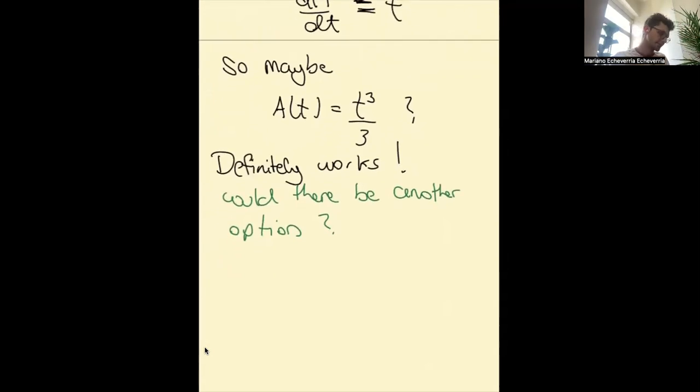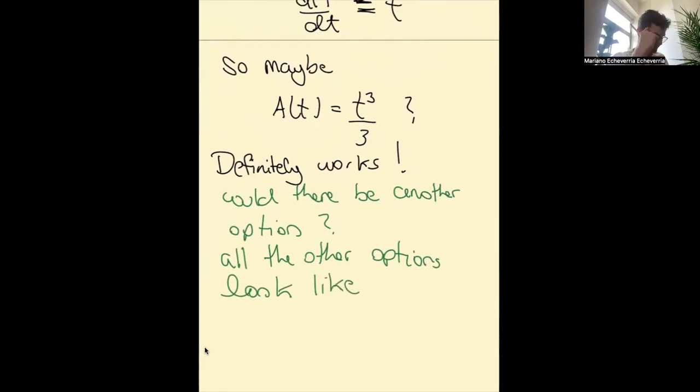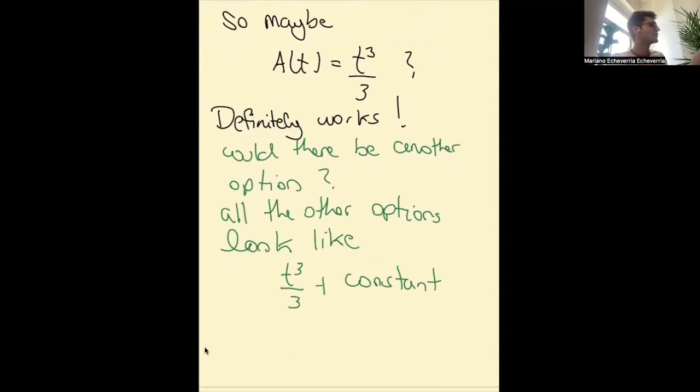All the other options look like t cubed over 3 plus a constant, because two functions that have the same derivative differ by a constant.